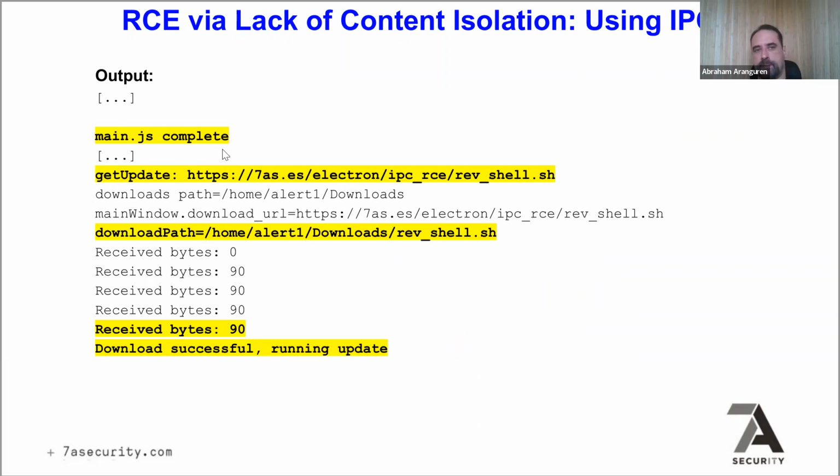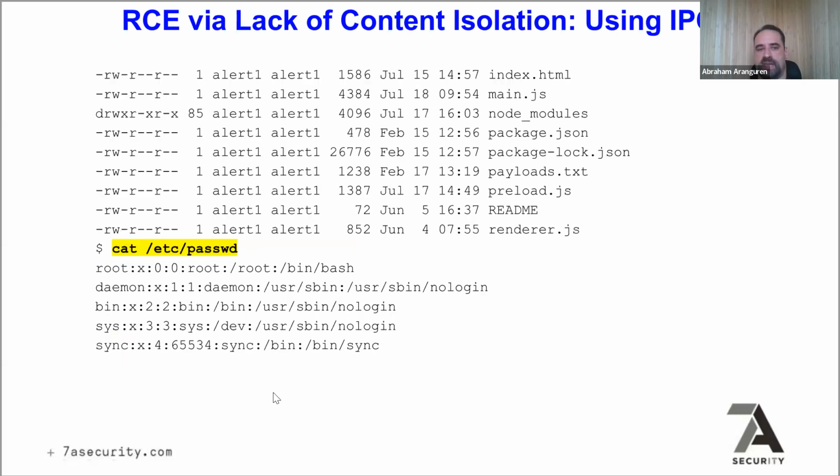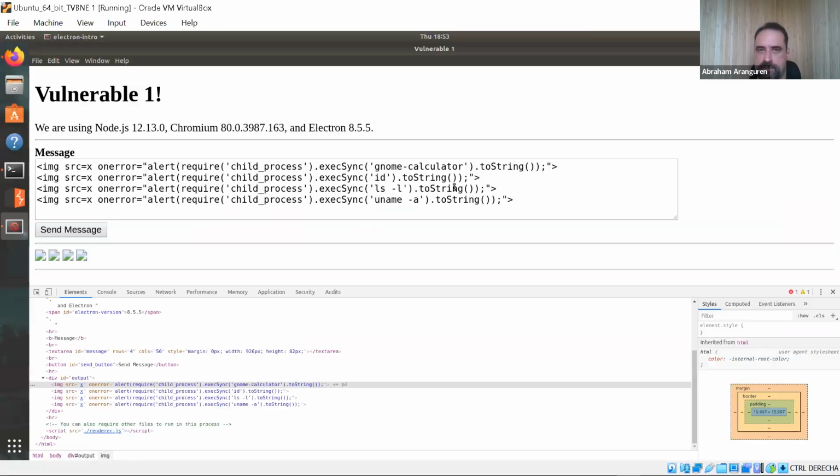So here you can see main.js complete, get update of the reverse shell, download path of home alert one downloads reverse shell, receives the bytes, and then the download is successful, it runs the update. And then on the terminal where you have netcat, you can start running commands like id, ls, cat password, and so on. So let's just jump to the demo.